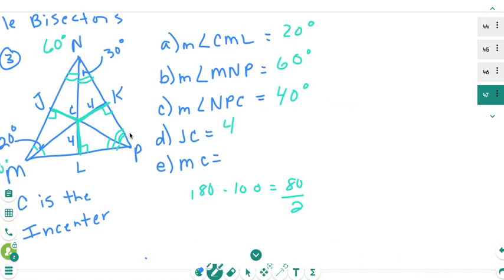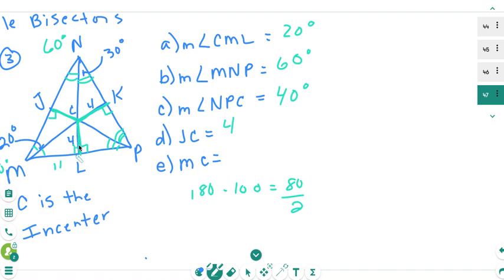So if we're going to find MC, we're going to use the 11 that they gave us and the 4 that they gave us. So the 11 and the 4, and we're going to use the fact that it's a right triangle.